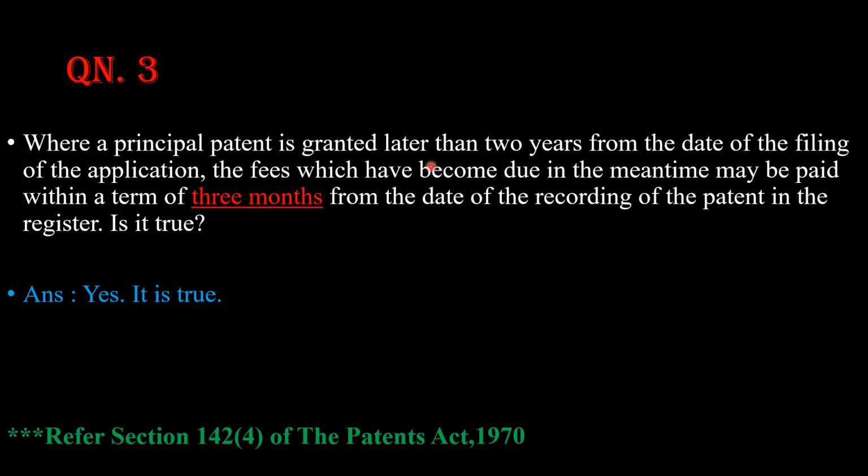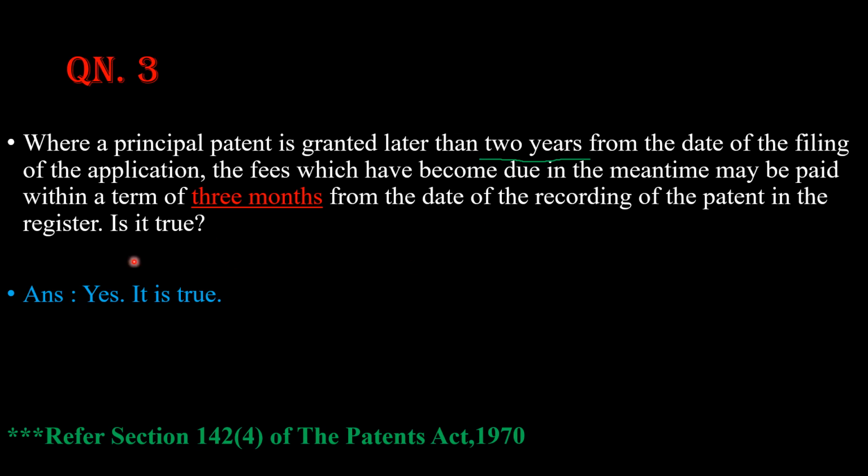Where a principal patent is granted later than 2 years, that means this may be a point. Okay, from the date of filing of the application, the fees which have become due in the meantime may be paid within a term of 3 months, already underlined. Okay, from the date of the recording of the patent in the register. Is it true?